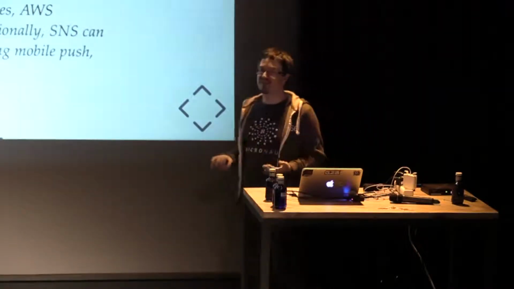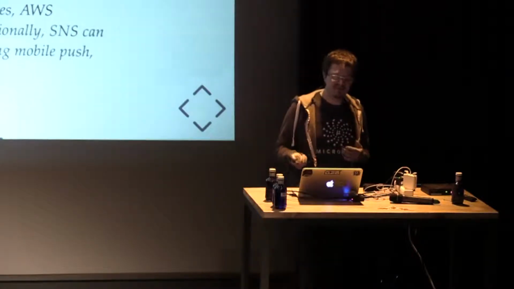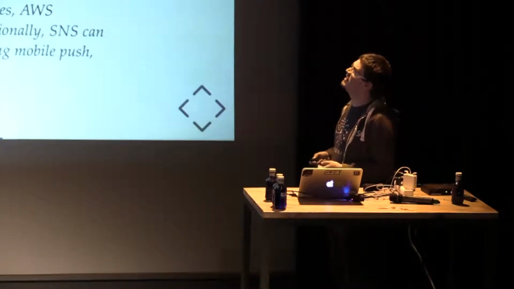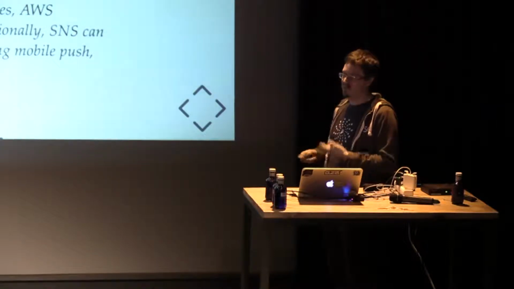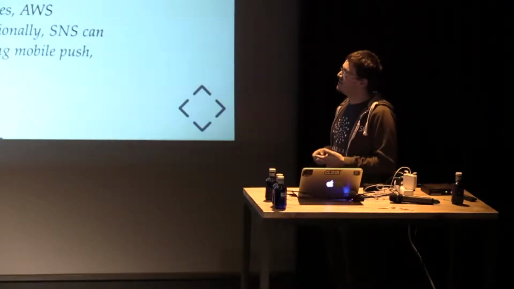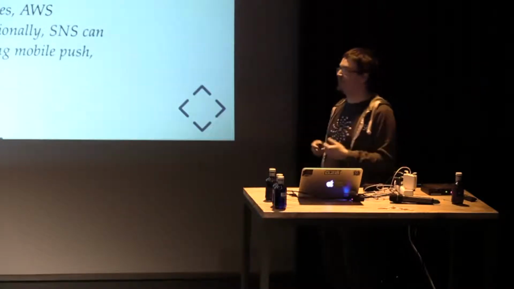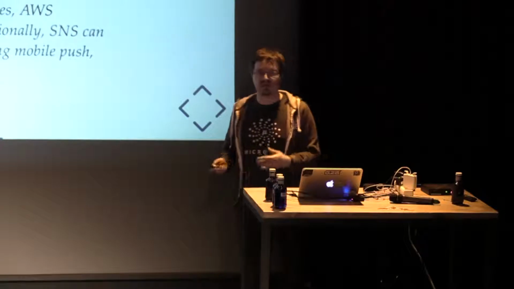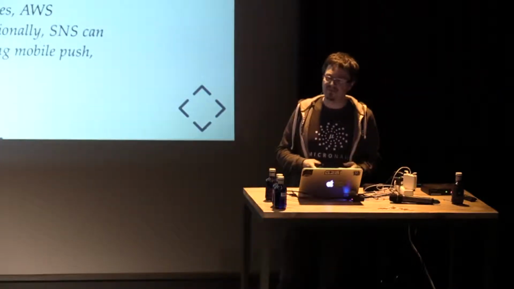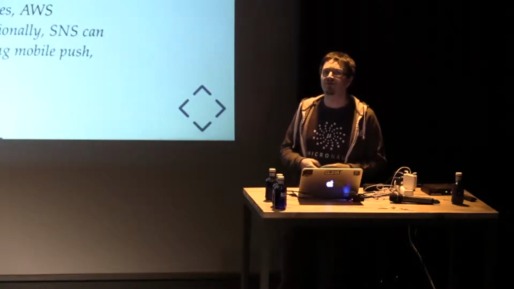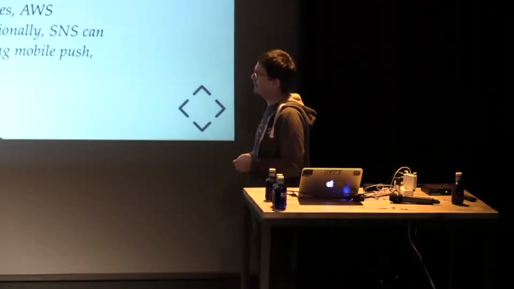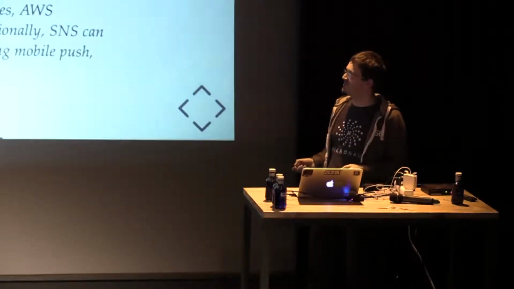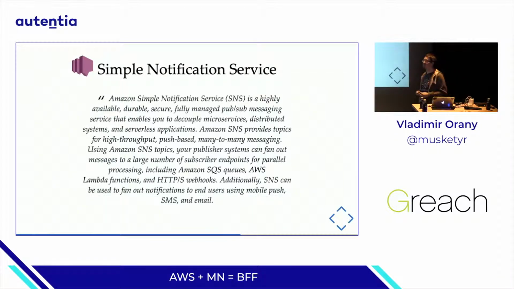So you publish items, records, notifications, messages in the topic, and you have multiple endpoints, multiple subscribers, which could be a Lambda function, it could be a webhook, and it could be even email. It could be even some push notification to your device, an Android device or iOS device. And also, this is the service which can send SMS. If you are keen to send SMS text messages from Amazon, you go for this one.